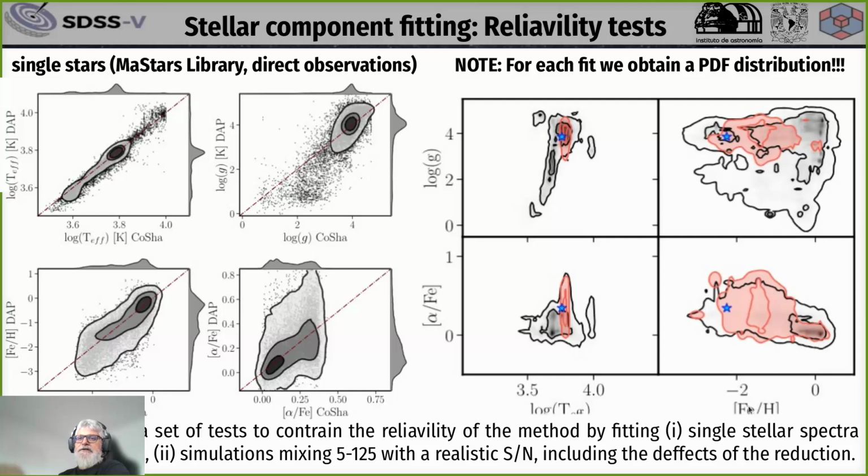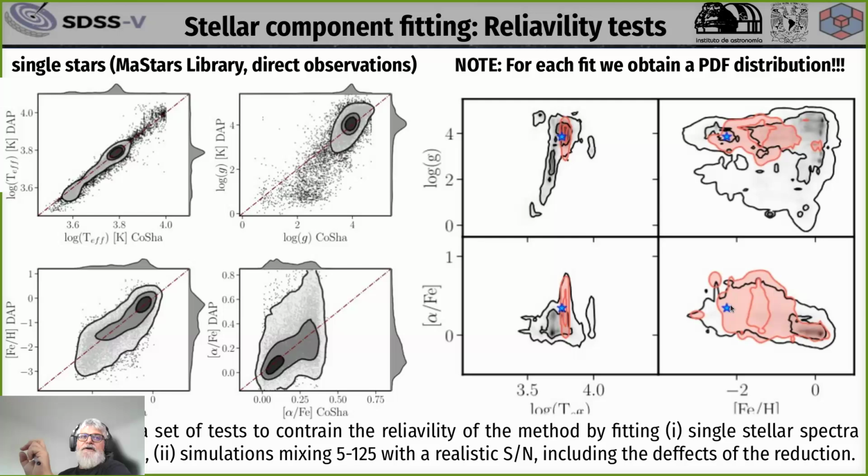So in black and gray is the distribution of the full RCCP that has been fit in this particular analysis. In blue is the value of the individual star that has been perturbed and fitted from the master library. And in light red is the PDF recovered by the DAP.